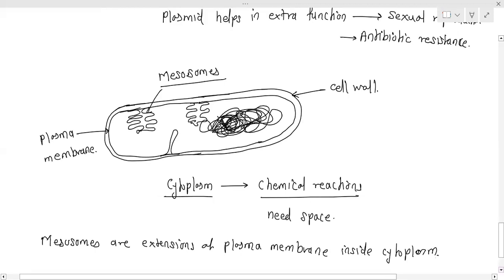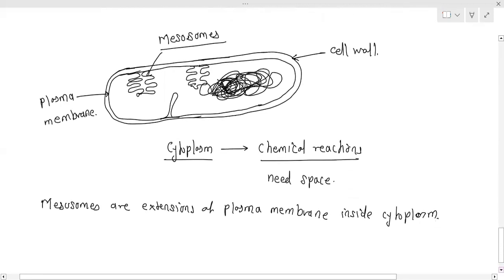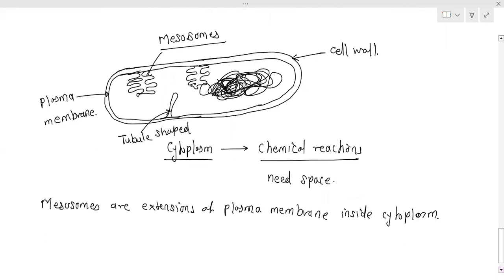They are of many different shapes. Sometimes they are just tubules, like a tube, so called tubule shaped. Sometimes they have a complicated shape, called lamellar shape. Sometimes just like this, called a vesicle shape.